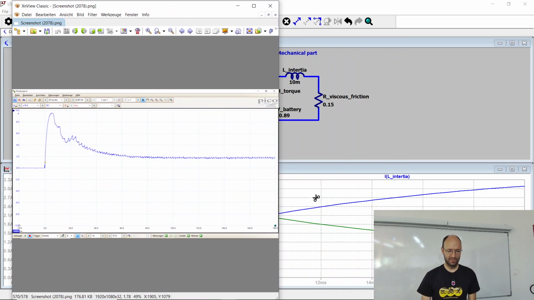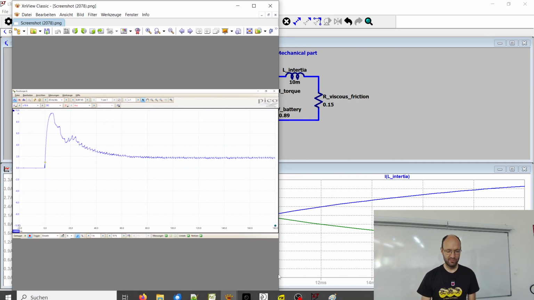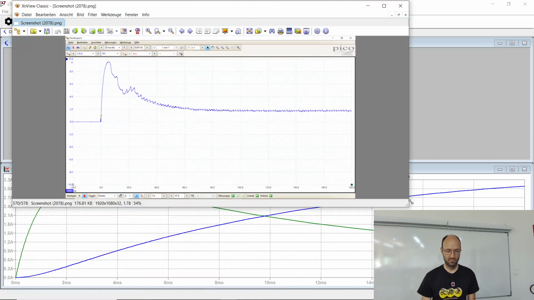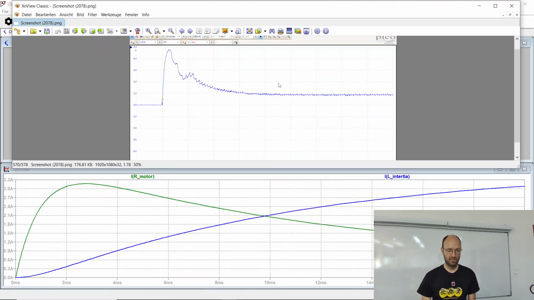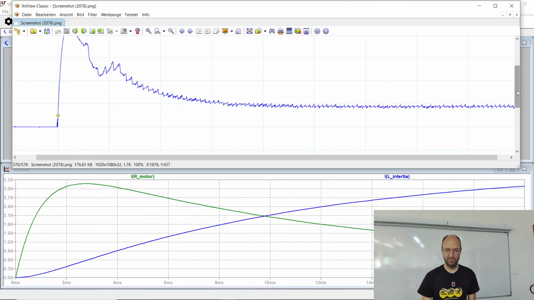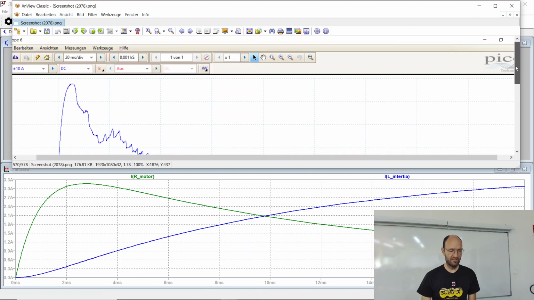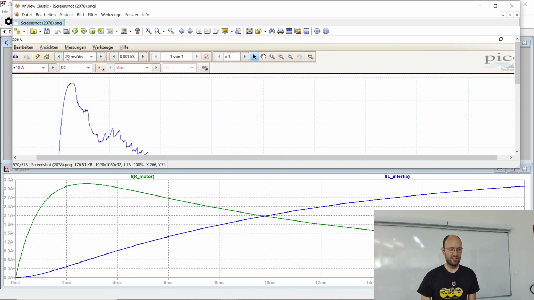So I will once again try to get this on the very same screen here. And maybe zoom in a bit. And then we can see here we had 20 milliseconds per division.